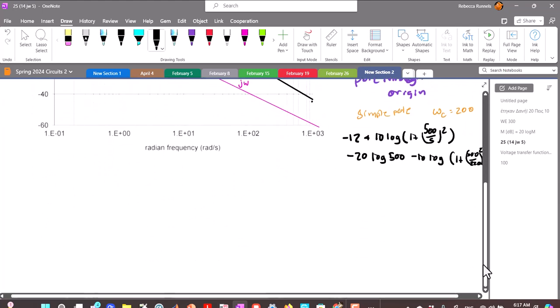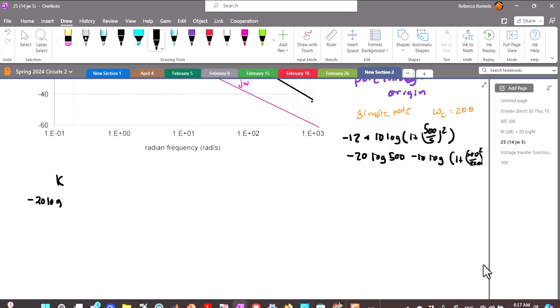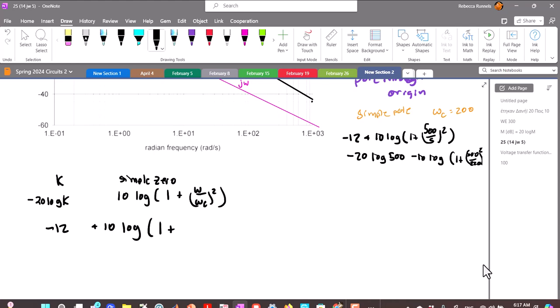So for our constant term, that was minus 20 log k, and that got us negative 12. For our simple zero, you'll have 10 log of 1 plus omega over omega c squared. So that got us plus 10 log of 1 plus 500, which was given in the problem, over 5 squared.